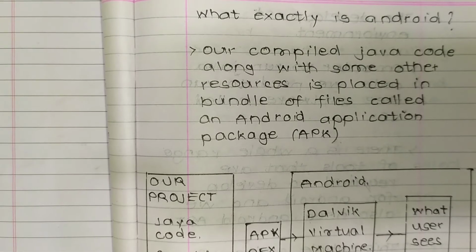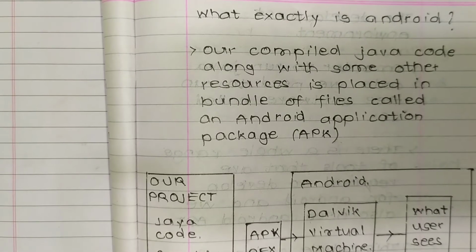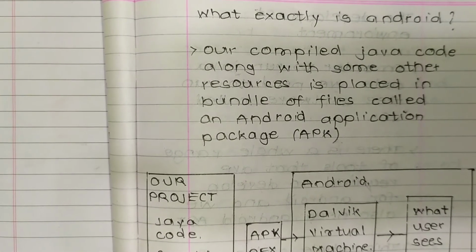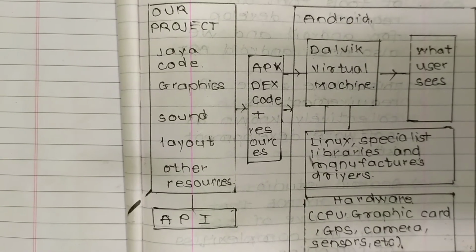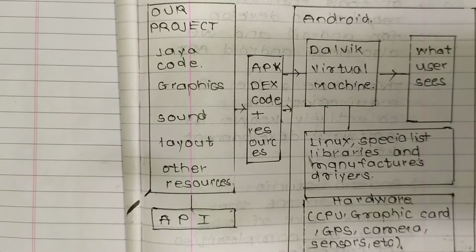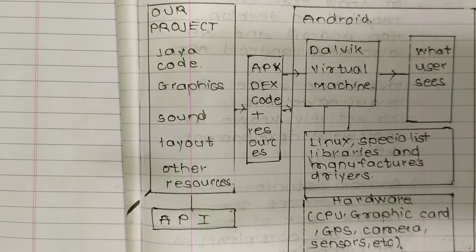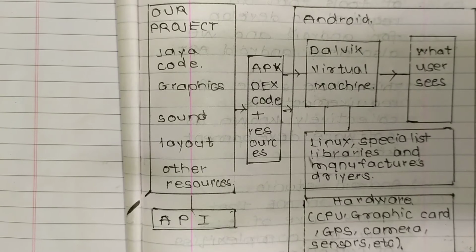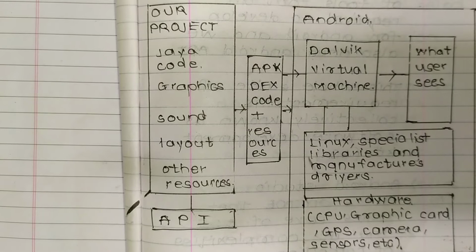So let us see the block diagram of Android. Our project includes Java code, graphics, sound, layout, and other resources like images.